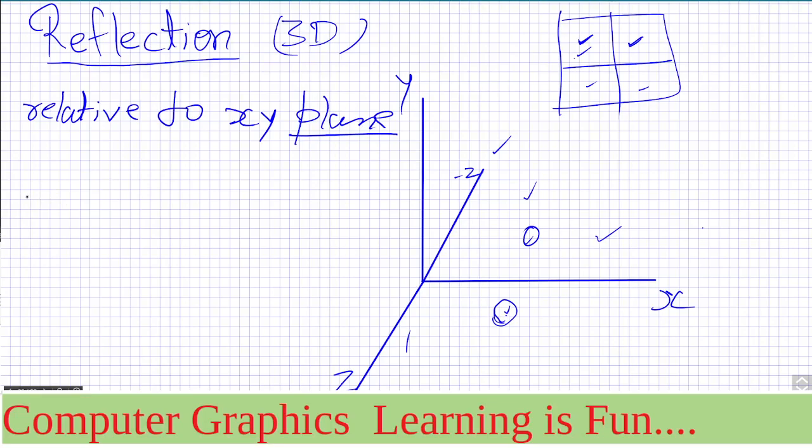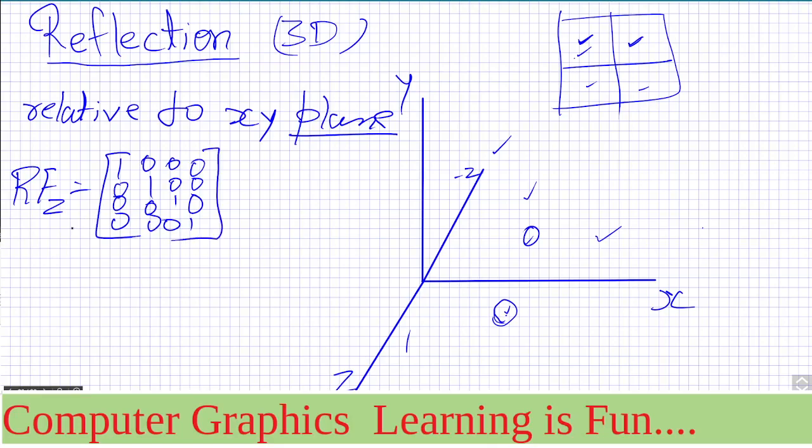Your matrix for reflection, which will happen on z, what will it be? 1 1 1 1 0 0 0 0 0 0 0 0 0 0 0 0. Okay, this is your matrix. It will produce the same thing. If you keep a minus here, only the z values are negated. So whatever object was on this side, it will appear on the other side. This is a reflection.